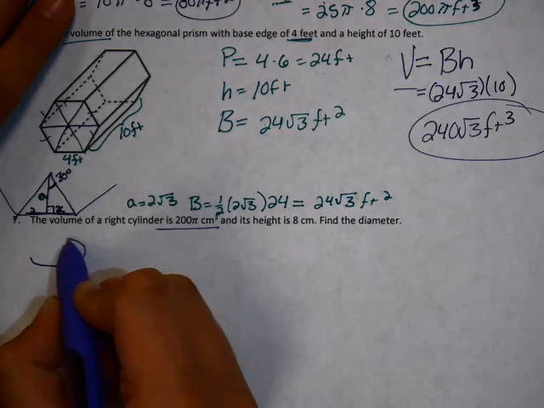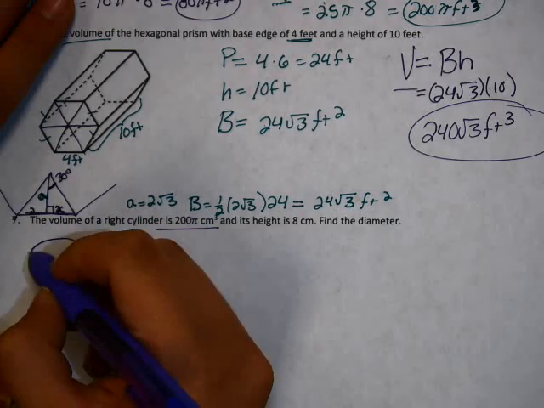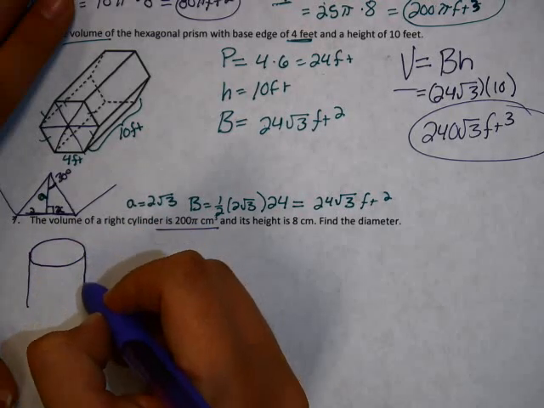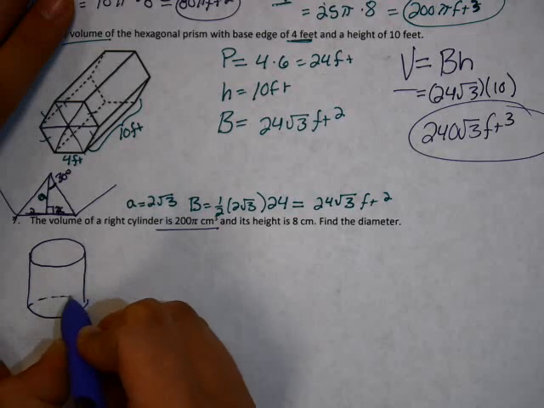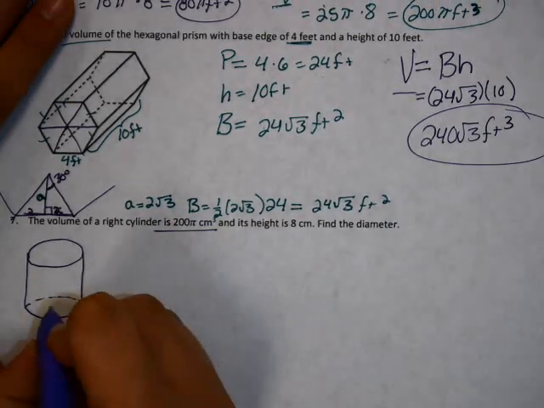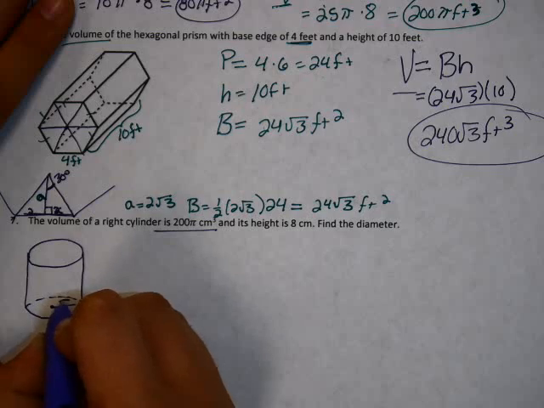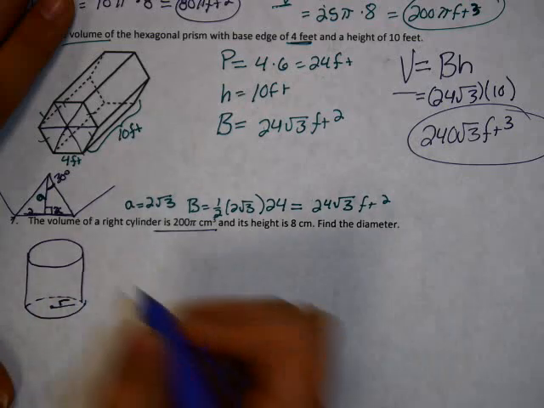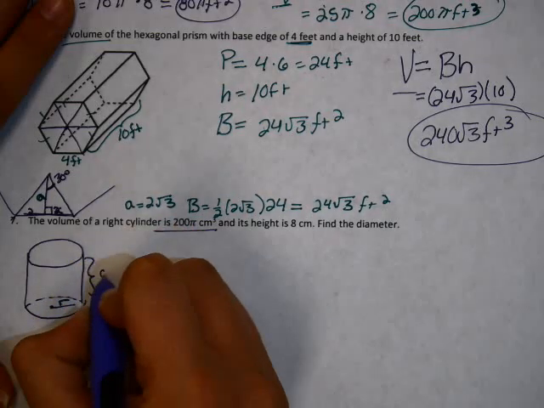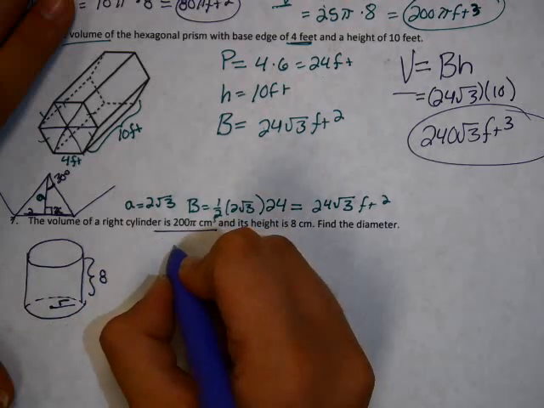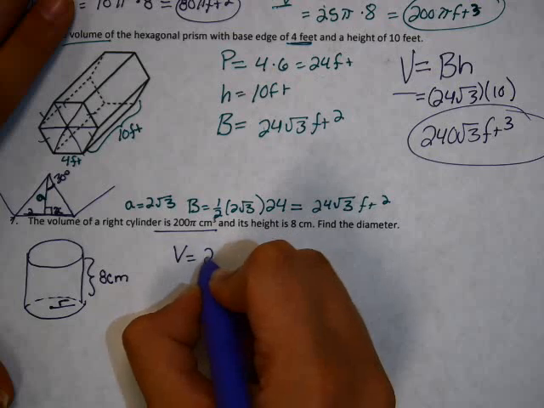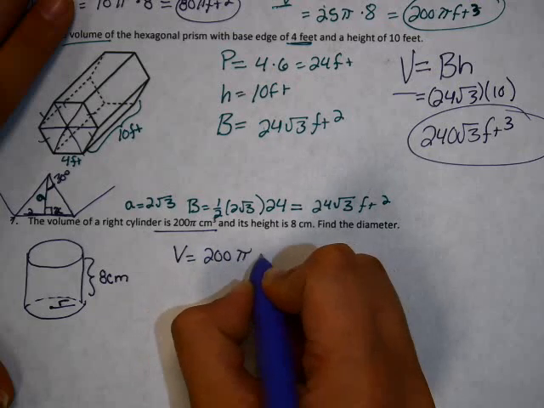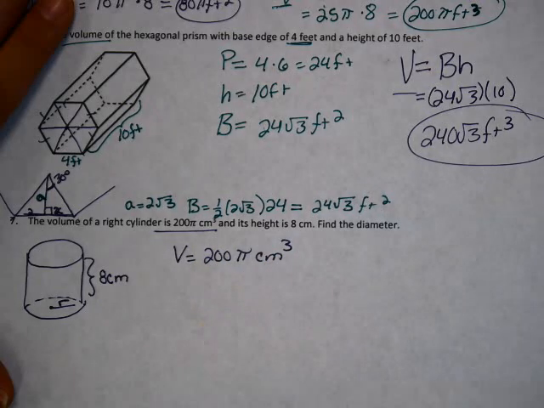I'm going to draw the top first, draw the sides, and then sketch out the bottom. So here's the radius, which is r, and our height is given as 8 centimeters. So we're given the volume to be 200 pi centimeters cubed.